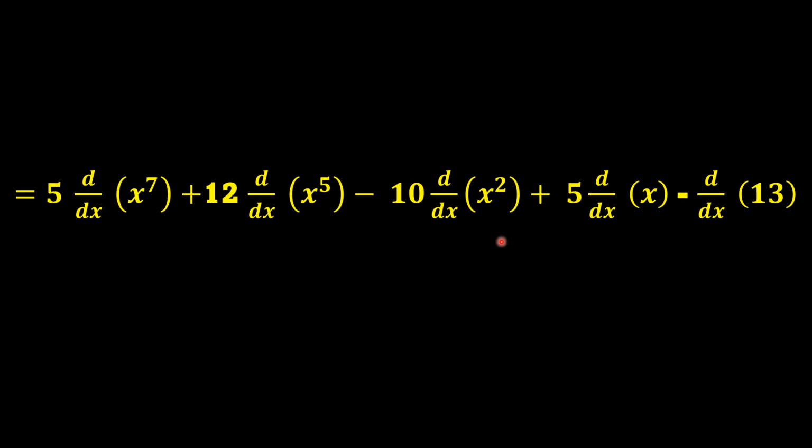So, this is now the process. 5 is the numerical coefficient. So 5 times the derivative of x to the 7th, and then 12 times the derivative of x to the 5th, minus 10 times the derivative of x squared, plus 5 times the derivative of x, minus the derivative of 13.